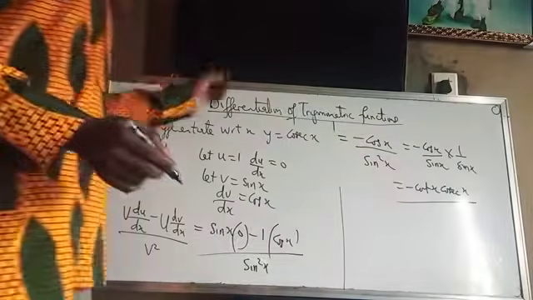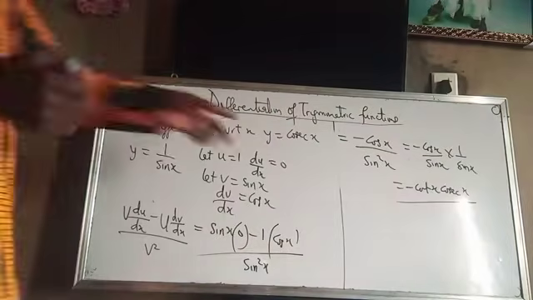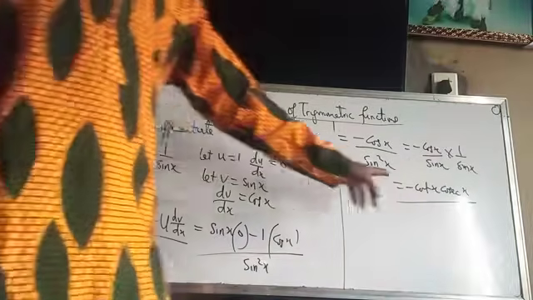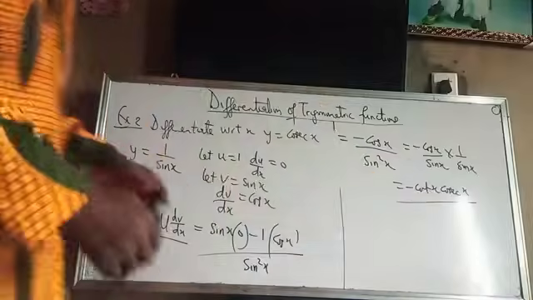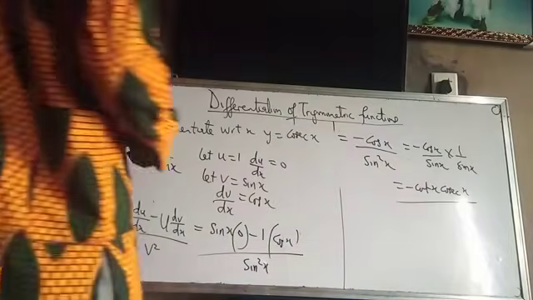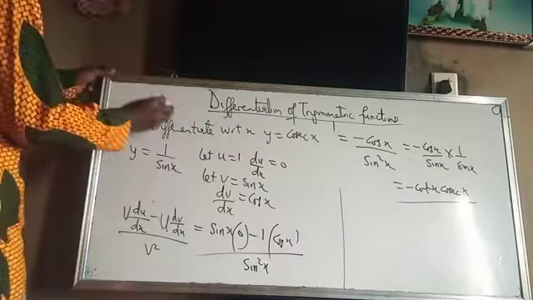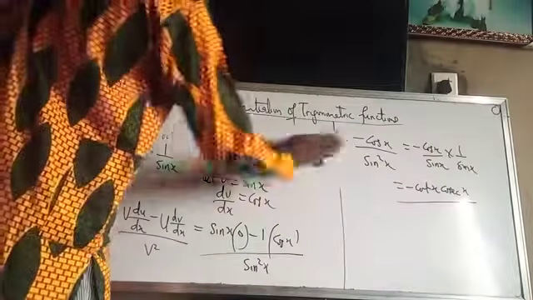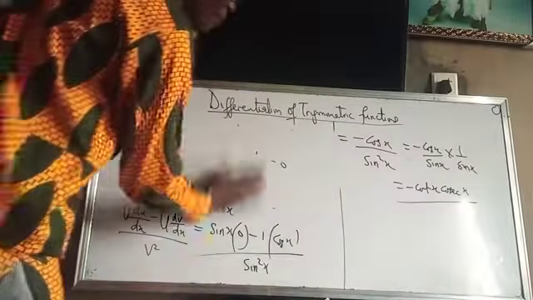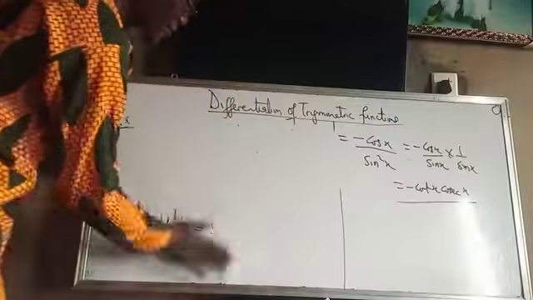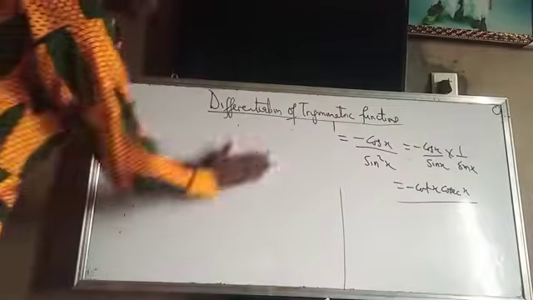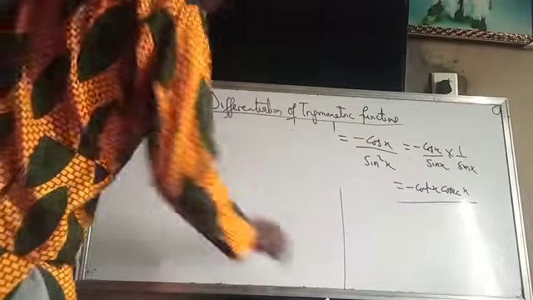So anytime you differentiate cosec x, the result will be minus cot x cosec x. That's it. Now let's look at another example. It's very straightforward.